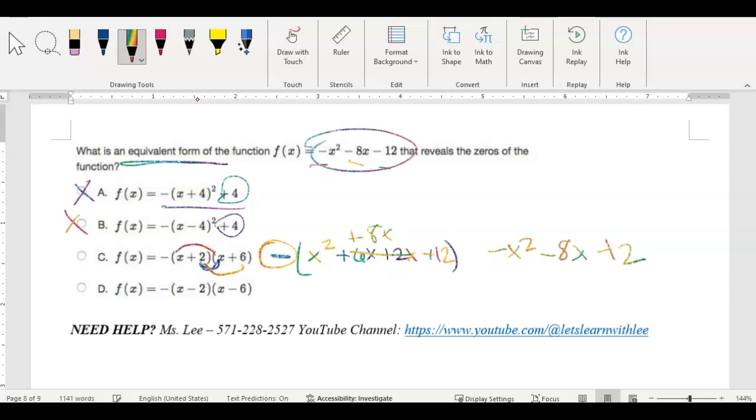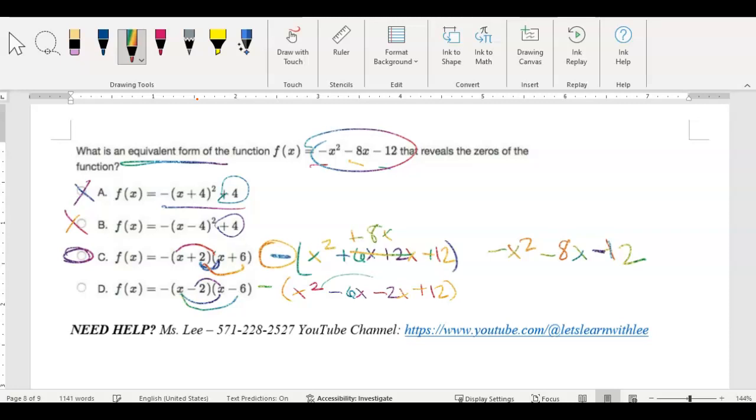That looks pretty good, right? I want all those negatives there. This is a minus 12. Now, I want to show you why this one is wrong, so make sure you look at all answer options. X times x is x squared. Remember, we're going to put this negative out there and leave that there so we don't forget about it. Negative 6x minus 2x plus 12. So what happens now when I multiply this negative through here, my middle term is going to become positive.